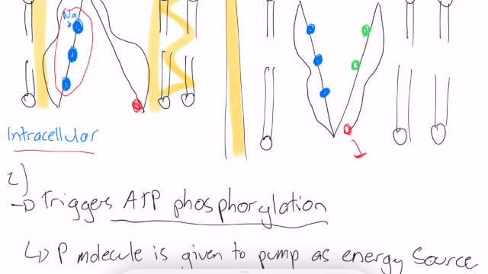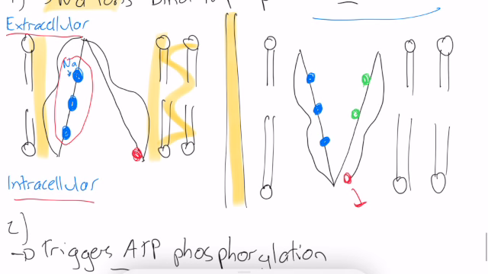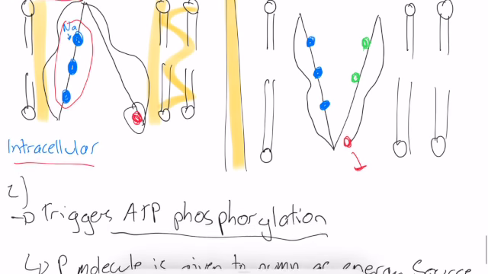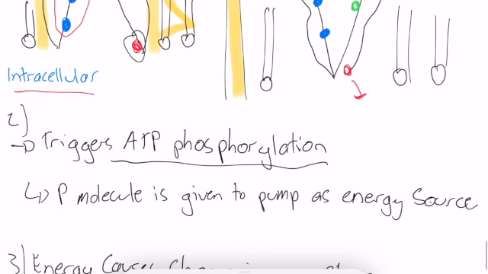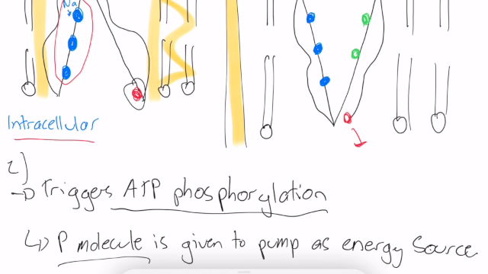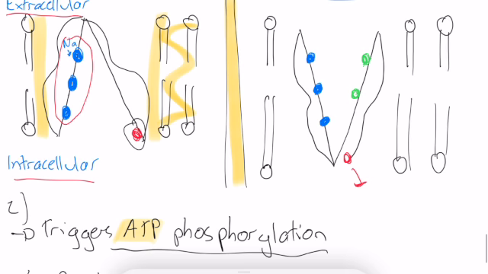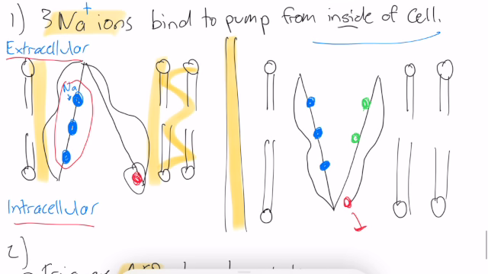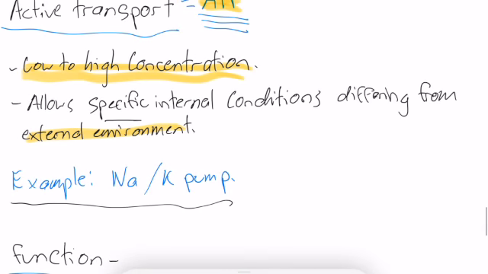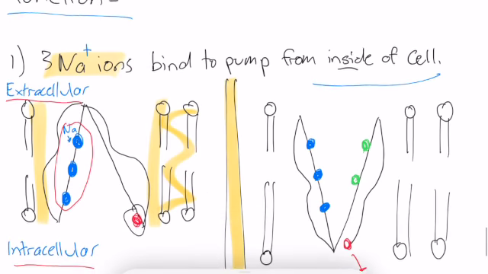This triggers ATP phosphorylation. I've used this red dot as our ATP. And effectively what ATP phosphorylation is, is a phosphate molecule given to the pump from an ATP molecule, which allows the pump to have energy, which allows this active transport.